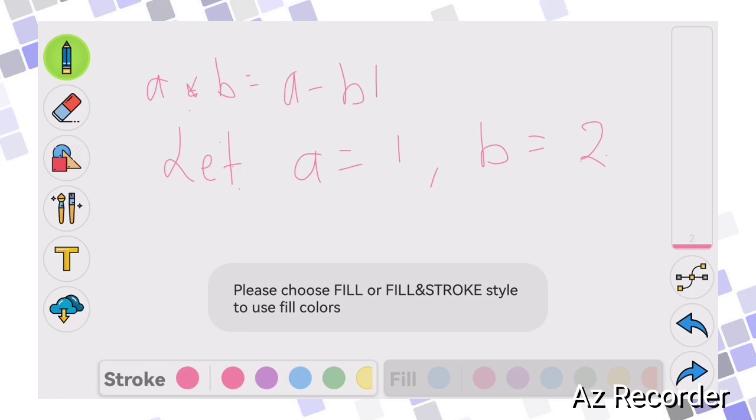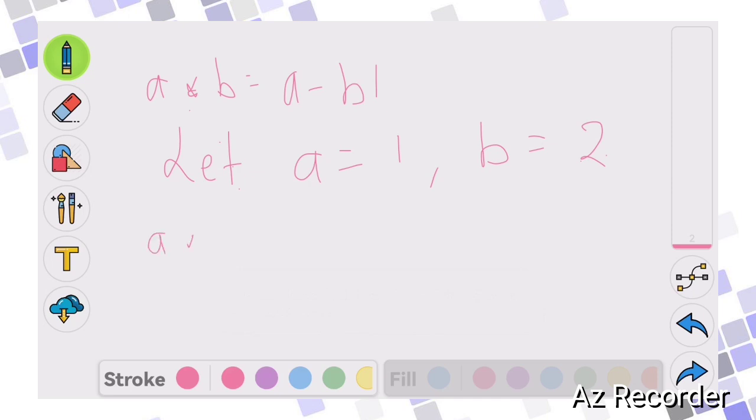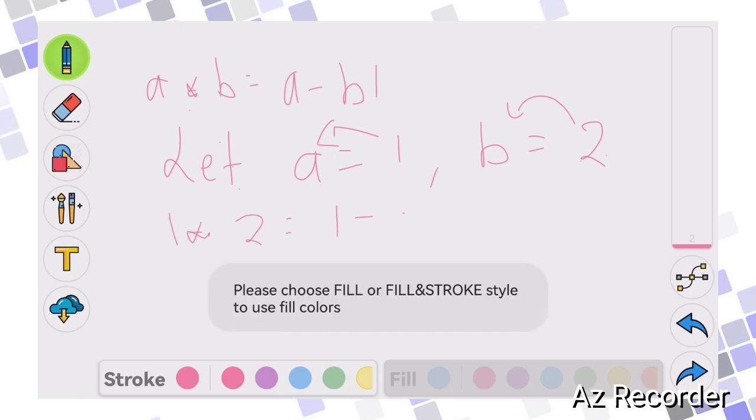I'm still trying to see if this binary operation is true on a set of natural numbers. I'm going to keep my same numbers, 1 and 2, because they are natural numbers. So 1 star 2 is equal to 1 minus 2.